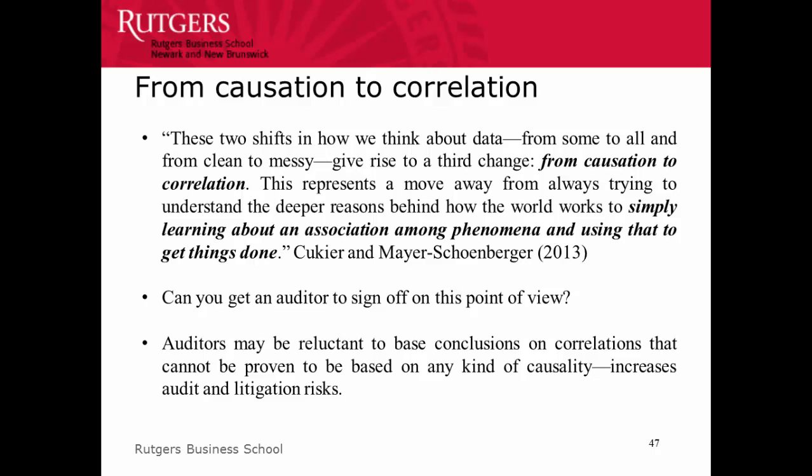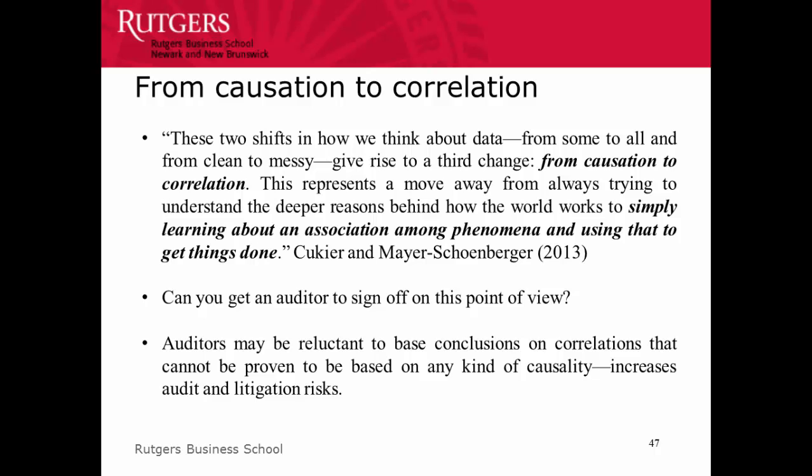The largest problem we have with big data is causation and correlating. I cited one sentence here, and I think this is a common view of businessmen on big data. So these two shifts in how we think about data, from some to all and from clean to messy, give rise to a third change, from causation to correlation.